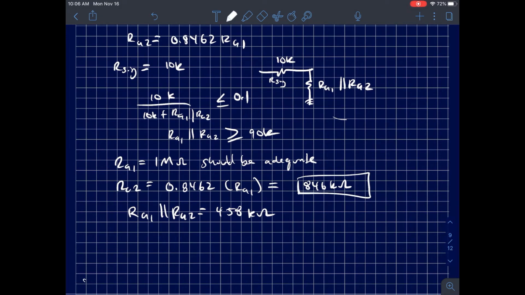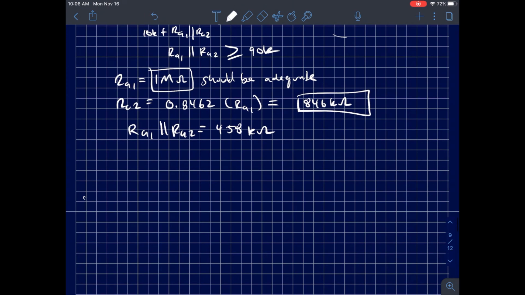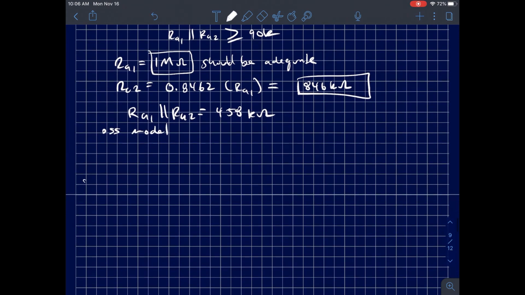So I've now designed my voltage divider part. Let's go to the small signal model, redrawing as normal.